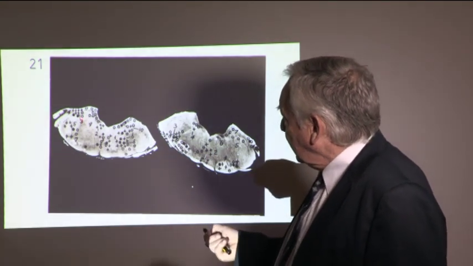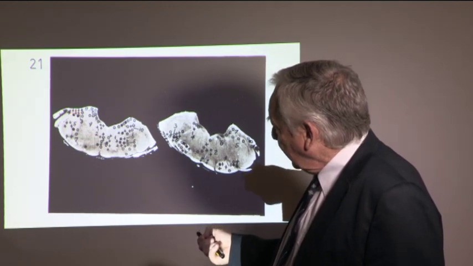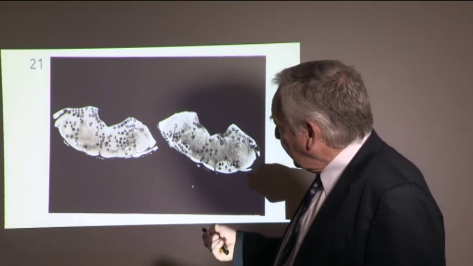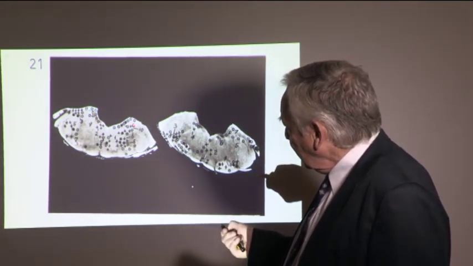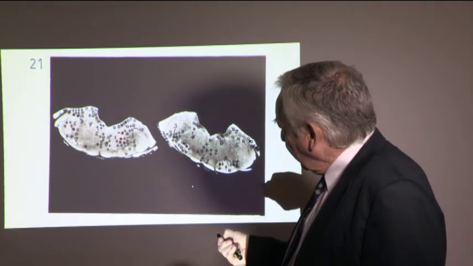So here we have high numbers with considerable neuronal degeneration in that area, near the cerebellar peduncles, considerable perivascular cuffing, and cell nodules.